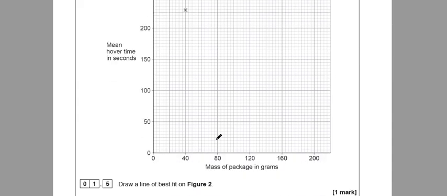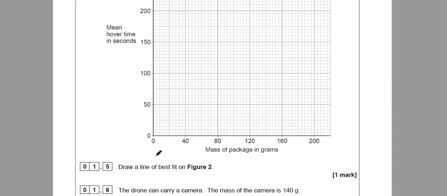We should first find what the small square represents. From here to here it is 40 and it is 10 small squares, so each small square is 40 over 10, which is 4, and for the y-axis it is 50 represented by 10 small squares, so each small square is 5.